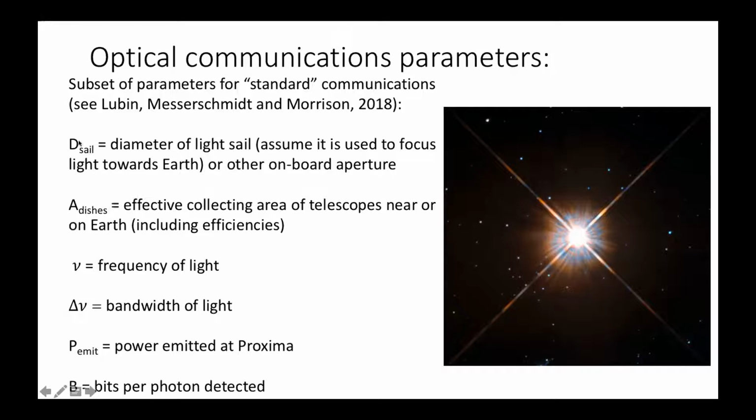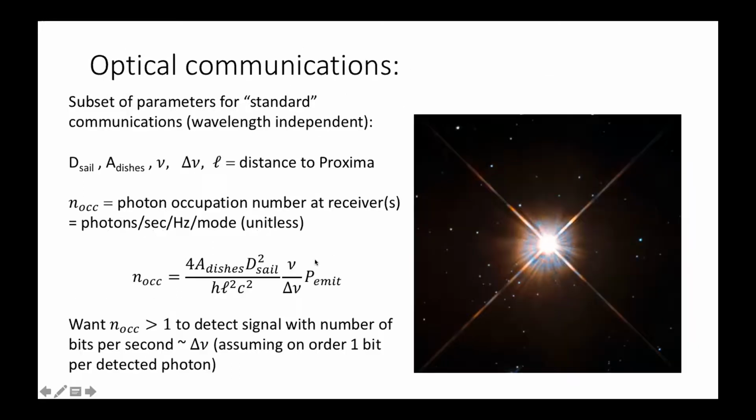It involves the diameter of the light sail, assuming we can focus diffraction limited, and the collecting area on the ground, so the area of our deep space optical network collectors. It also relates to the frequency and the bandwidth of the light, how much power is being emitted, the transmit power, and in the encoding, how many bits we can encode per photon or per pulse that we're detecting.